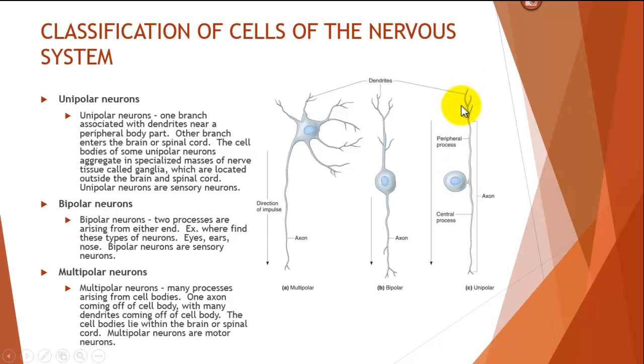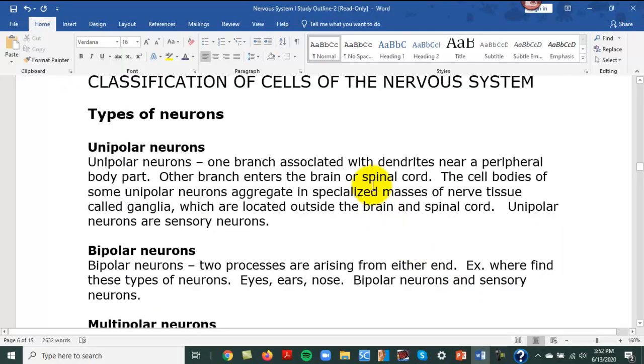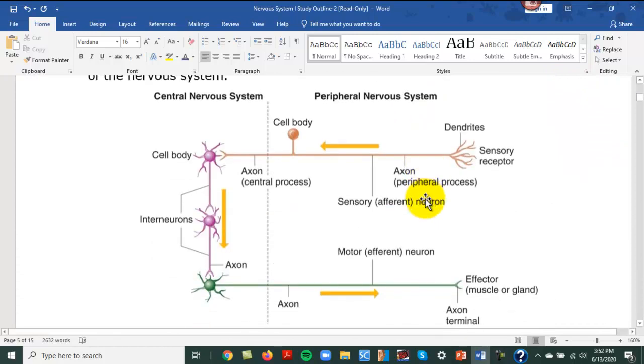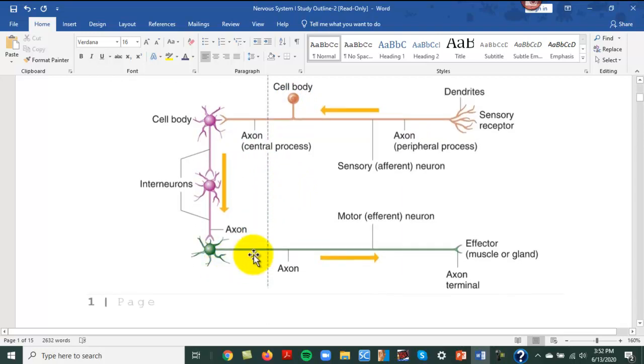The dendrite part is associated with a peripheral body part, and it transmits impulses this direction into the brain or spinal cord. It was the one I showed you earlier. See, it comes in, there's the little cell body, going that way. That's a unipolar neuron. This one down here is called a multipolar neuron.